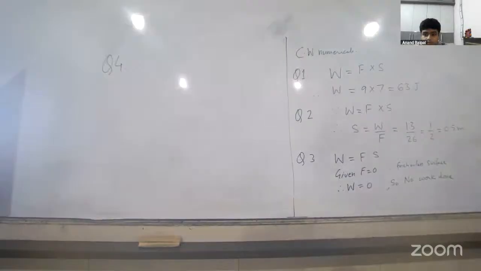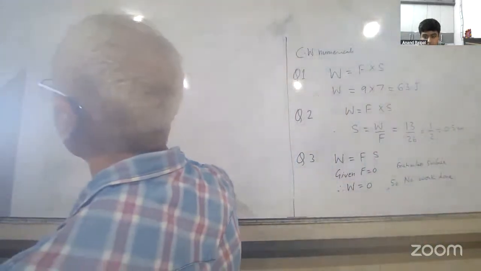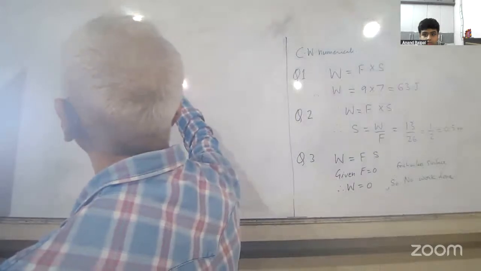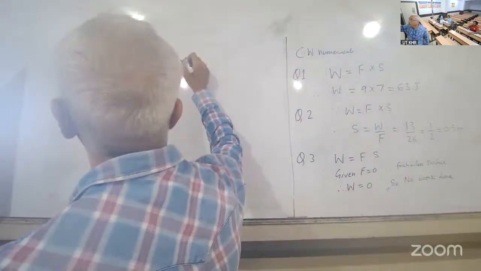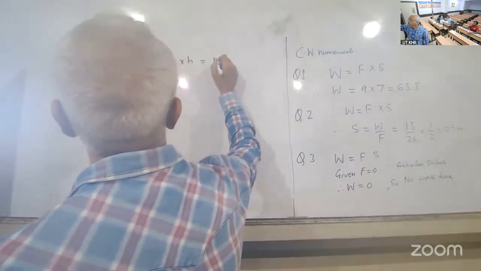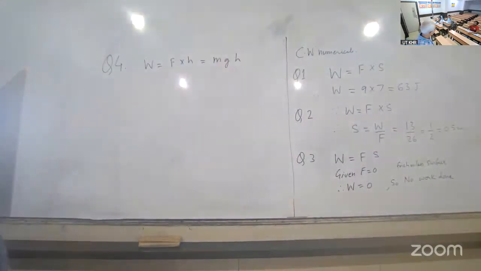Sir, force is equal to M into A, so we will do 30 into 9.8 to get force. Correct. So this will be F into H, mgh. This is the formula. You are going against gravity, right? So force becomes weight here. Find the answer.